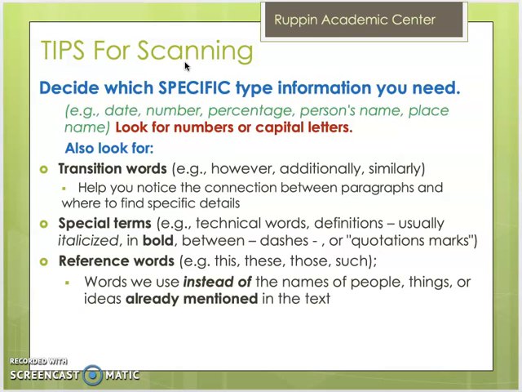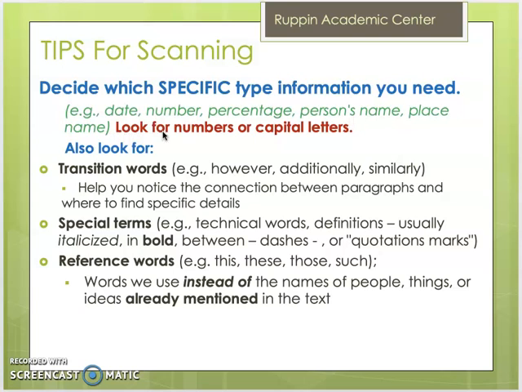When you're scanning, you are trying to find specific information. So you need to know what information you are looking for. Am I looking for a date, or a specific number, or percentage, or somebody's name, or a place?